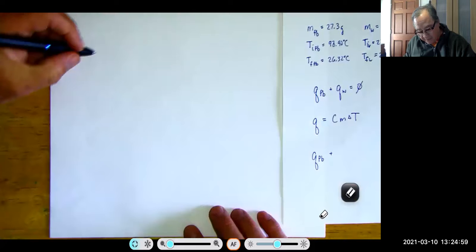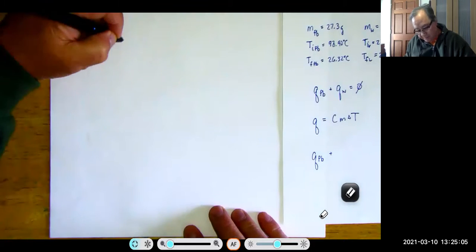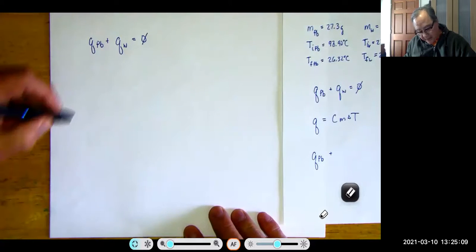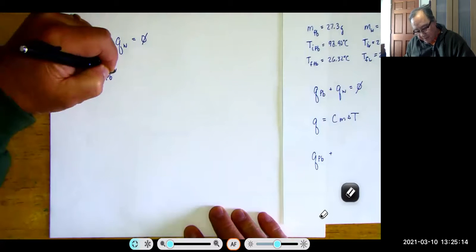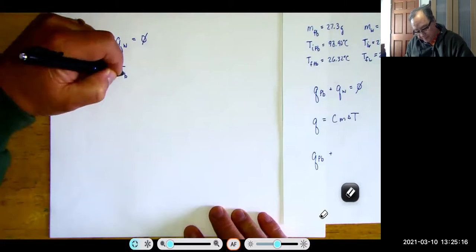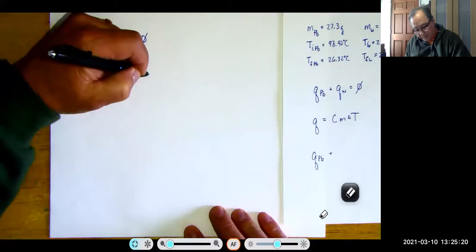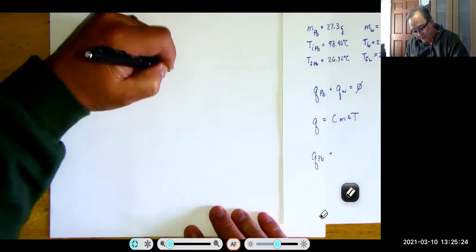So I'm going to have Q of the lead plus Q of the water is equal to 0. And then I'm going to put C of the lead, mass of the lead, change in temp of the lead, plus C of the water, mass of the water, change in temp of the water is equal to 0.